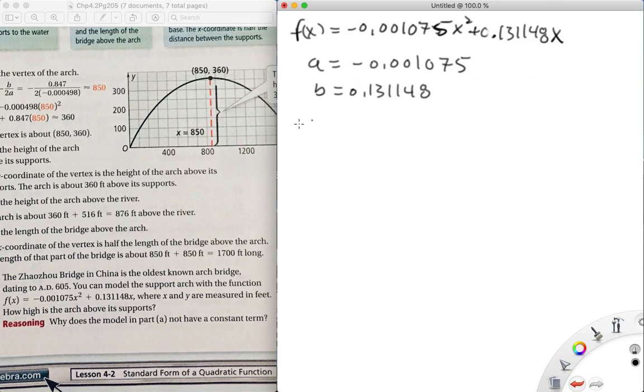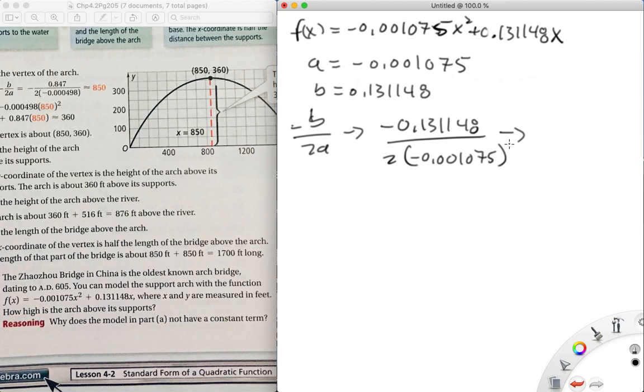So when I do the axis of symmetry, which is negative b over 2a, I'm going to plug in negative 0.131148 over 2 times negative 0.001075.